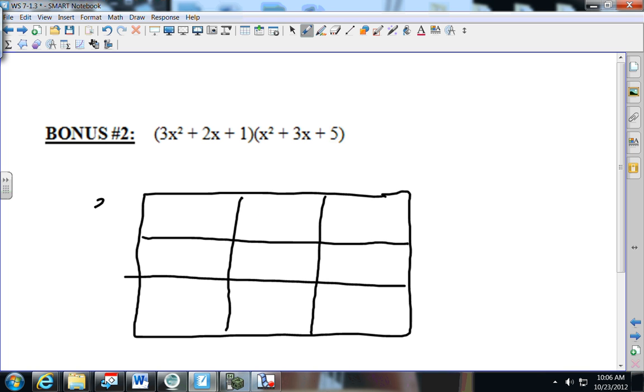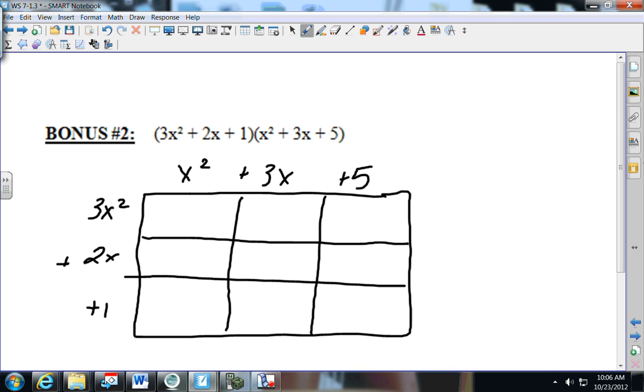So I've got 3x squared, 2x plus 1, x squared, 3x, and 5. These are all positives. That's why I didn't put plus or whatever. Looking in the first box, 3x squared times x. That's an x to the first power. It's supposed to be x squared. Oh, sorry. So that's supposed to be x squared up there.